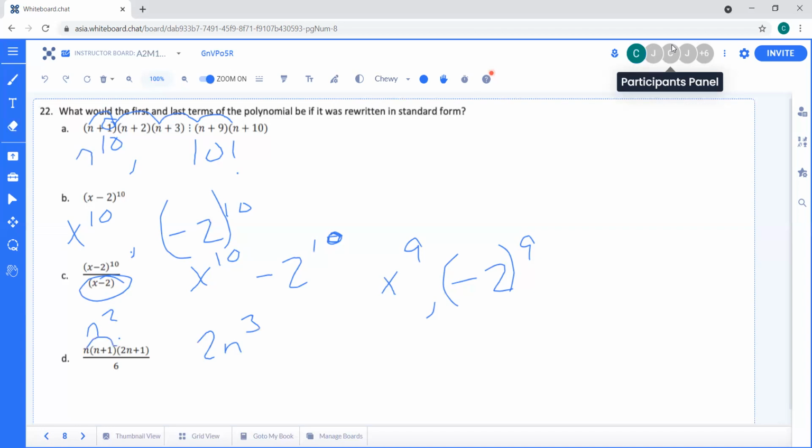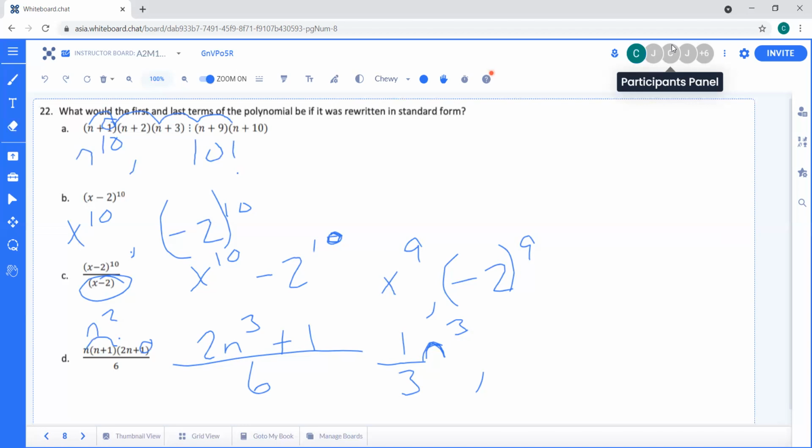And since this is going to be 1n, your 1 is just going to be your last term. So we don't even care about the rest of it. Now you're going to divide both of those by 6. Well, I can say 1 over 3. That'll reduce down to 1 over 3 n to the third. And then the last term is just 1 over 6.